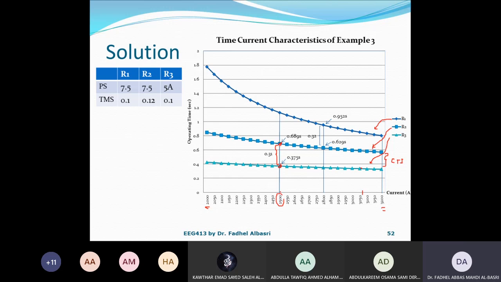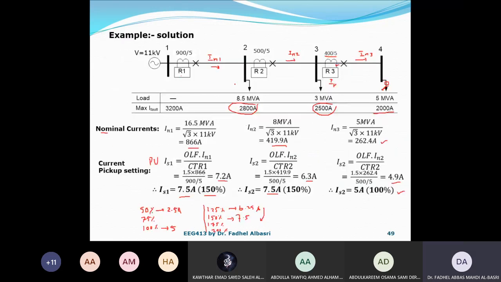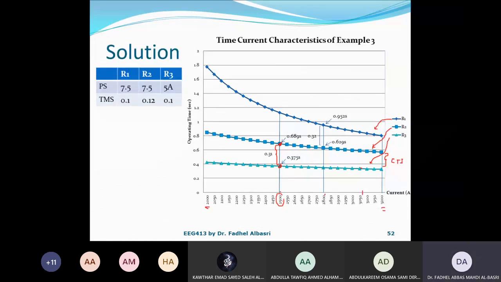We choose this point from which we found that curve. Now, when we coordinated this with this, we coordinated at 2800. When I found the operating time of R2 and added the coordination time interval, I found this point, 0.9 seconds, and from which I found this curve.